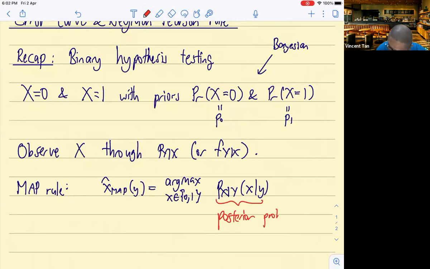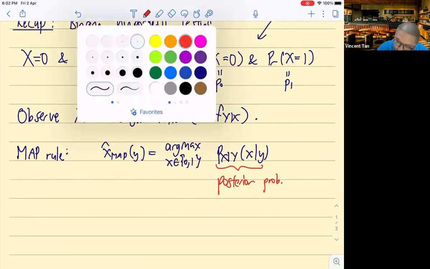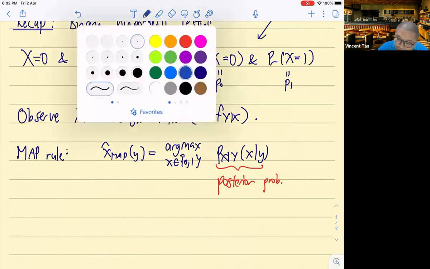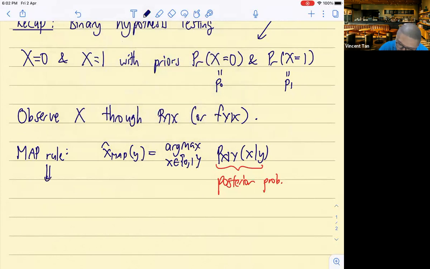And we saw a very important result that says that the MAP rule actually minimizes the probability of error. The MAP rule is very good because it minimizes the probability of error.